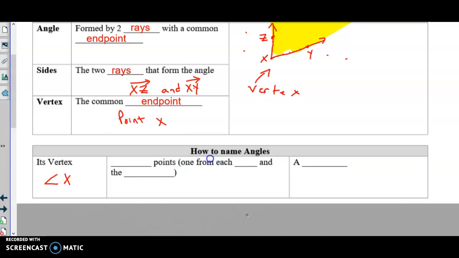Another way to name it is by using 3 points. Those 3 points have to be 1 point from each ray, and you have to include the endpoint. And the important thing is the endpoint must be in the middle.